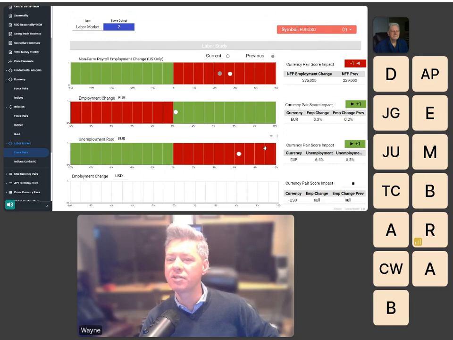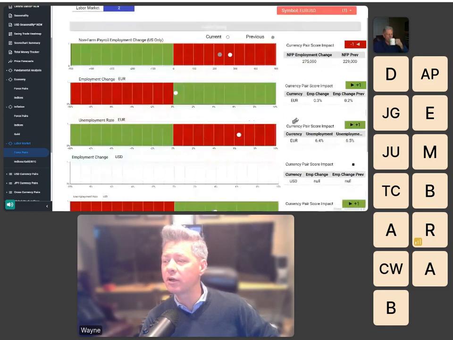this is a way to see how non-farm payrolls has changed. Okay, we had a bigger number. Interesting, right? We went bigger in NFP. We went from 229 to 275.